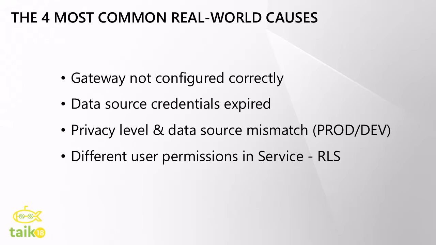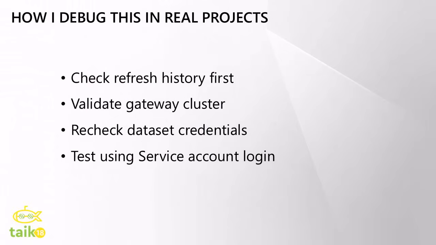As a part of my regular checkup process, if any refresh fails, I look into that particular dataset and check its refresh history, since when it is not refreshing the data. If I see that it has been failing for the last one or two days, first I will go through the error message to understand if something is clearly mentioned there.